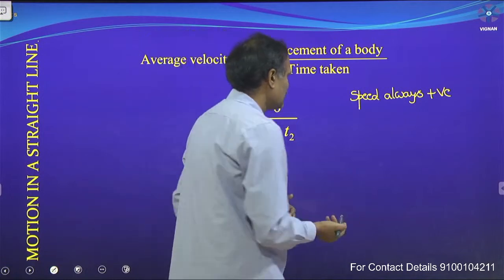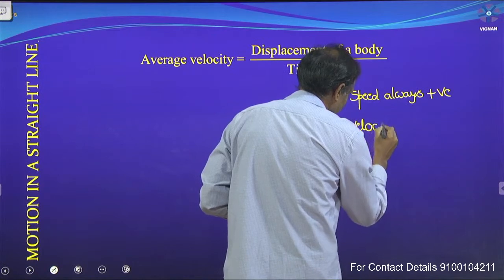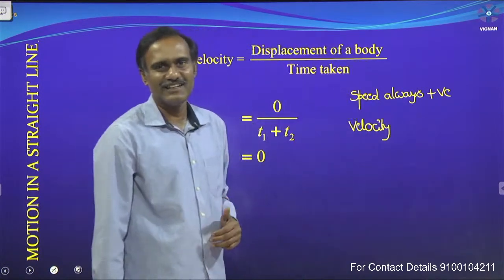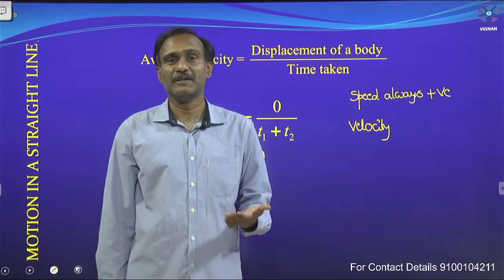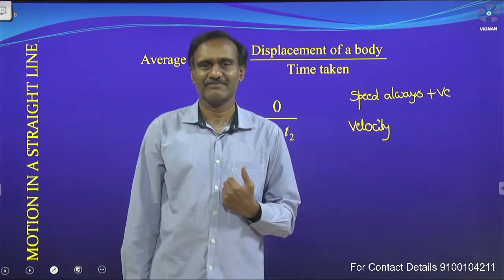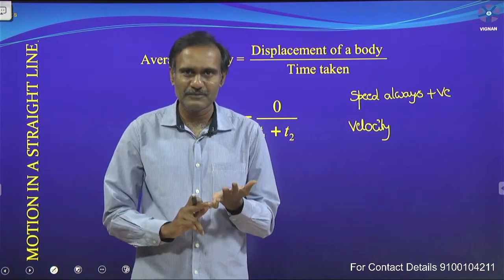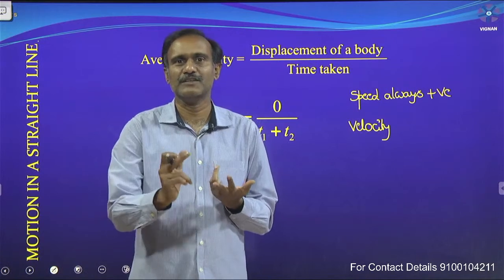And what about velocity? Now, tell me the definition for the velocity. Yes, it is displacement covered by the particle divided by time taken. Displacement may be positive, may be negative, may be equal to 0.